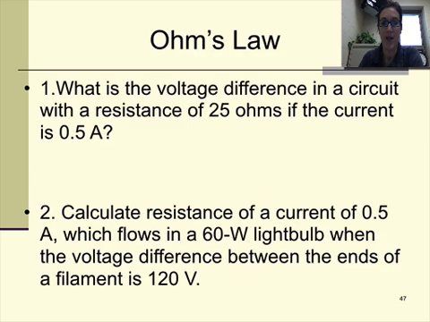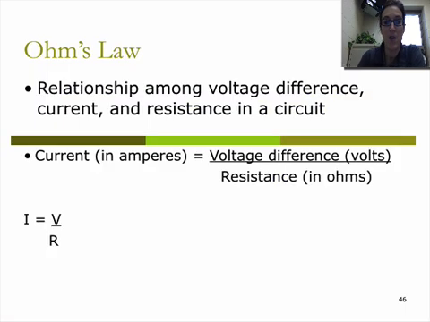I want you guys to put this in your ISN, right underneath the notes on page 40. What is the voltage difference in a circuit with a resistance of 25 ohms if the current is 0.5 amperes? Let's flip back. The current, in amperes, equals the voltage difference divided by resistance in ohms.